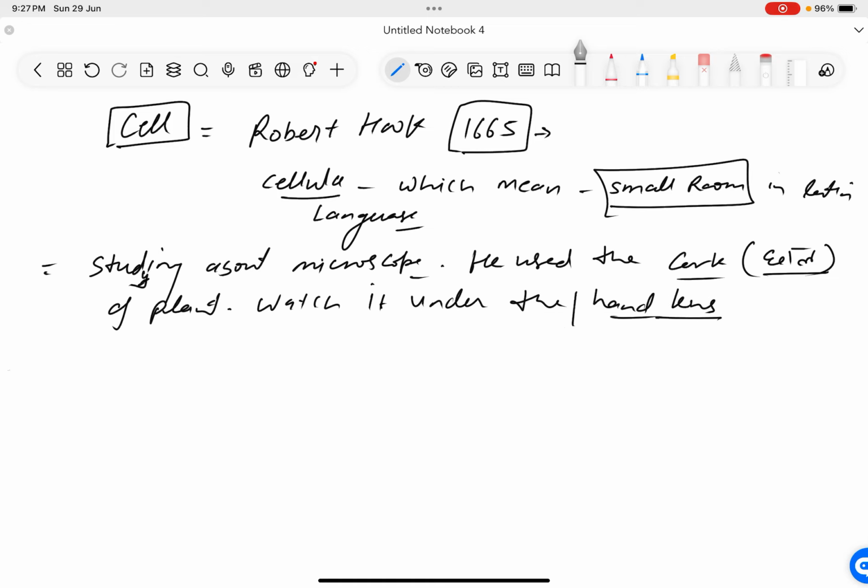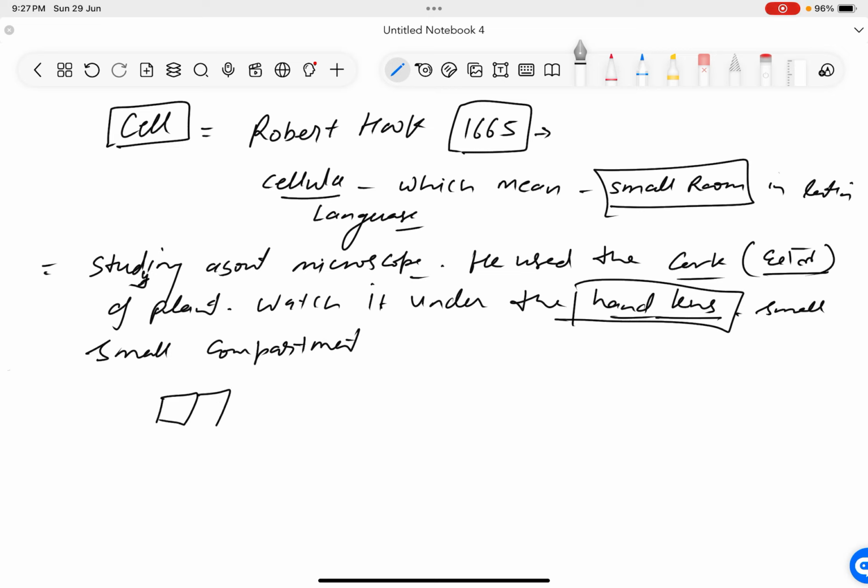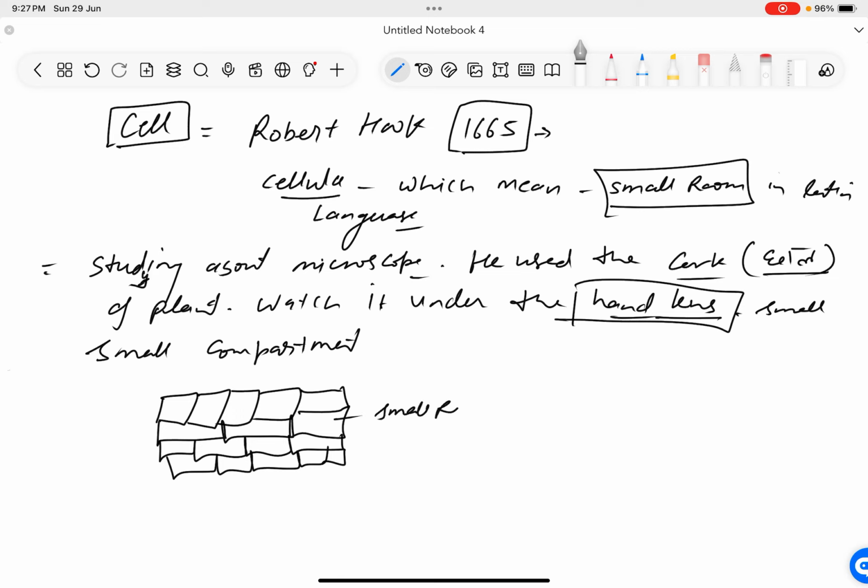This hand lens was made by him, and he saw that there are small compartments like this present on the cork. When he saw them, he called them cellula, or small room.